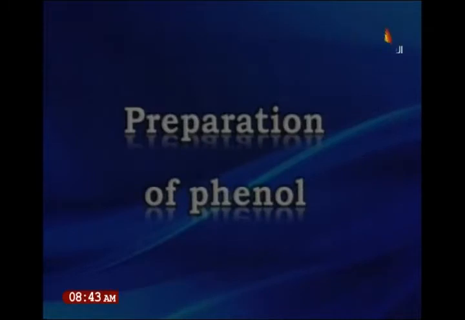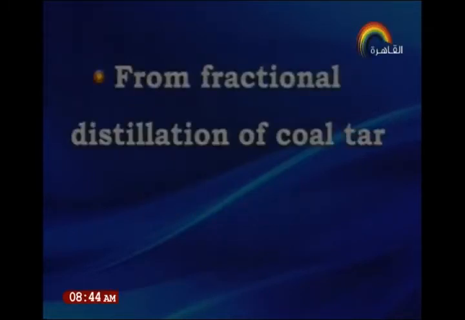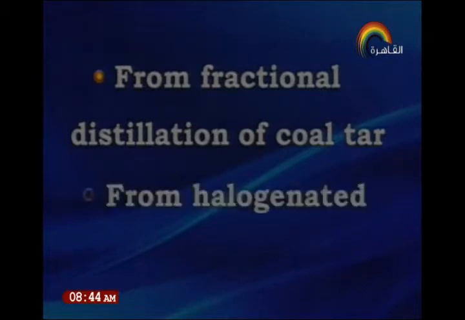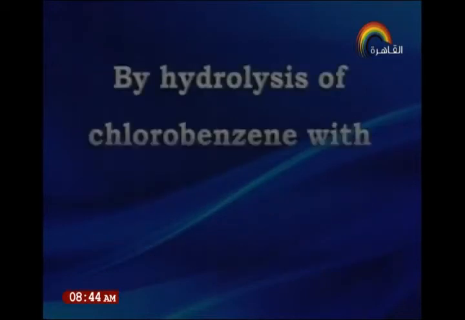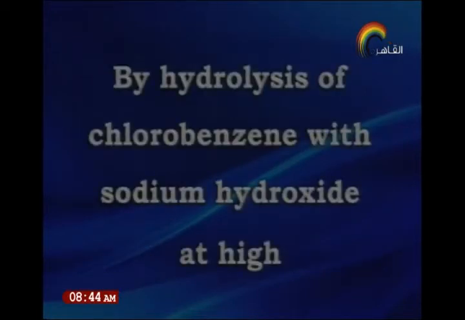Now, phenol can be prepared in different ways, such as fractional distillation of coal tar. I think we used it before. Also from halogenated aromatic compounds, by hydrolysis of chlorobenzene with what?